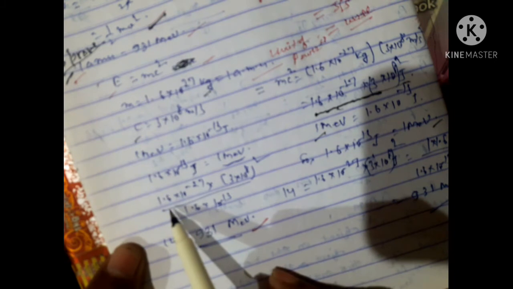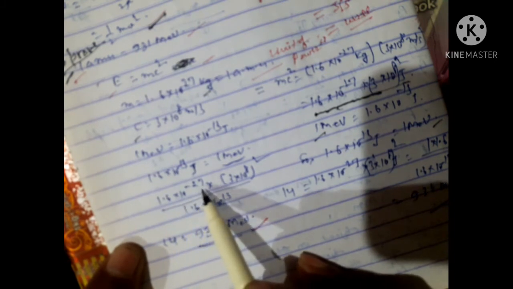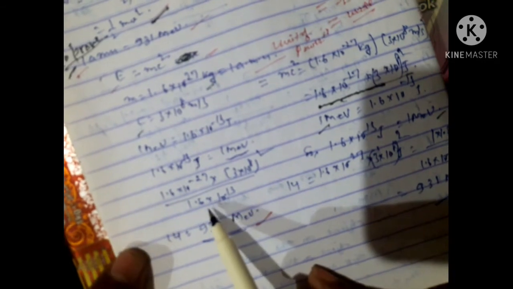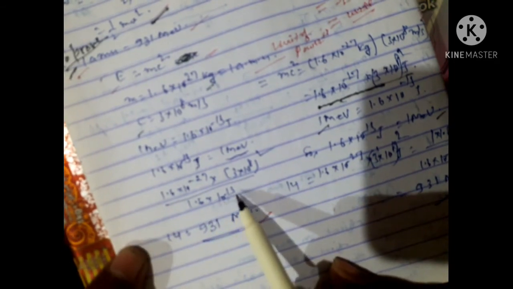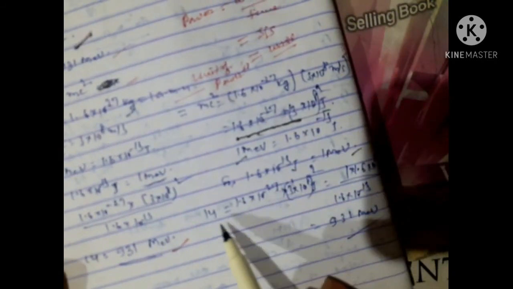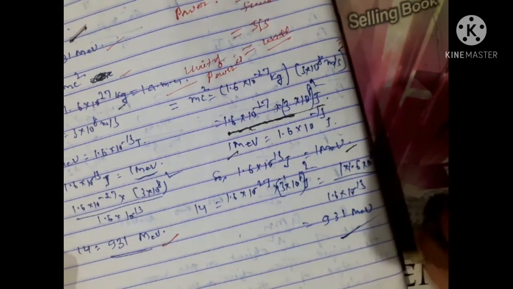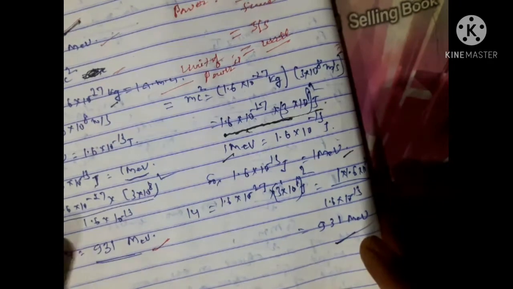Then what will you get? 1.6 into 10 to the power minus 27 into 3 into 10 to the power 8 whole square by 1.6 into 10 to the power minus 13. So 1 u after calculation, what will you get? 931 mega electron volt.